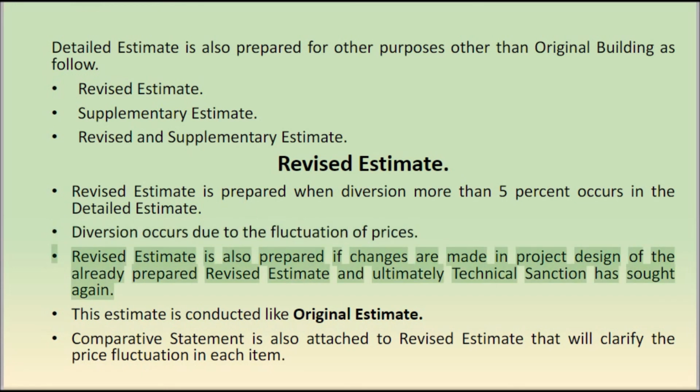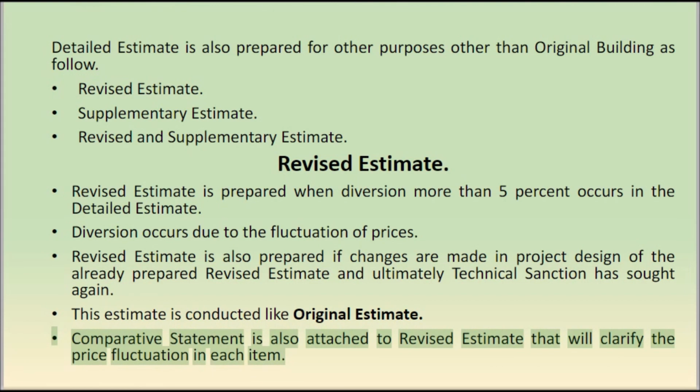A revised estimate is also prepared if changes are made in the project design of the already prepared revised estimate and technical sanction has to be sought again. This estimate is conducted like the original estimate. A comparative statement is also attached to the revised estimate that will clarify the price fluctuation in each item.